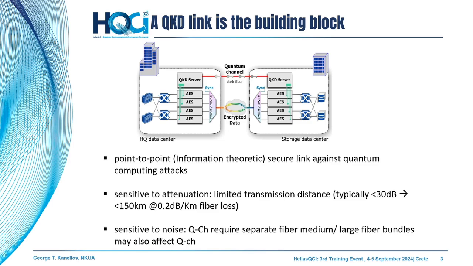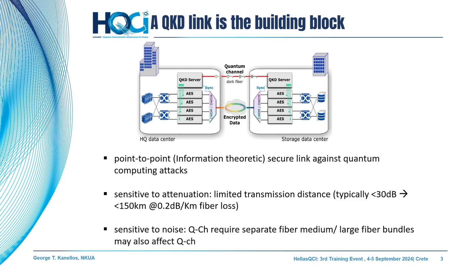At the very end, we manage to exchange a series of bits, or keys, if you like, that are holding the fundamental principle of being, at least in theory, information theoretic secure. And this is very, very, very important. This is why QKD has been put in the spotlight in the first place.